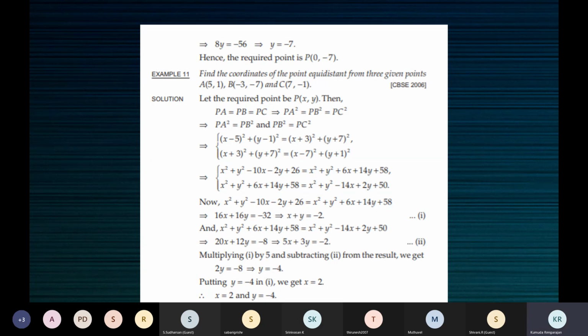Yes, Srinivasan, your answer is right. Children, so did you manage to get the equation for PA square equal to PB square?